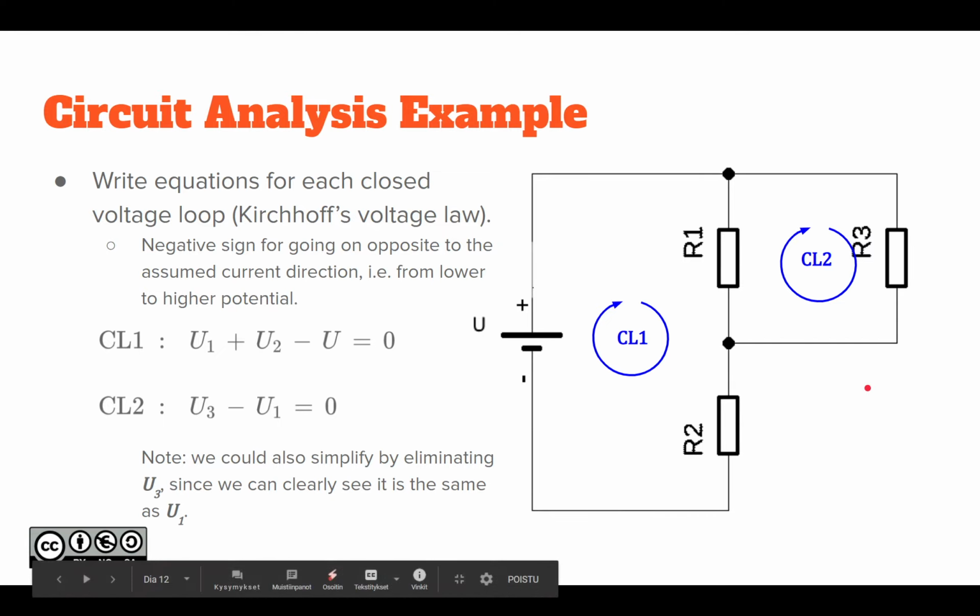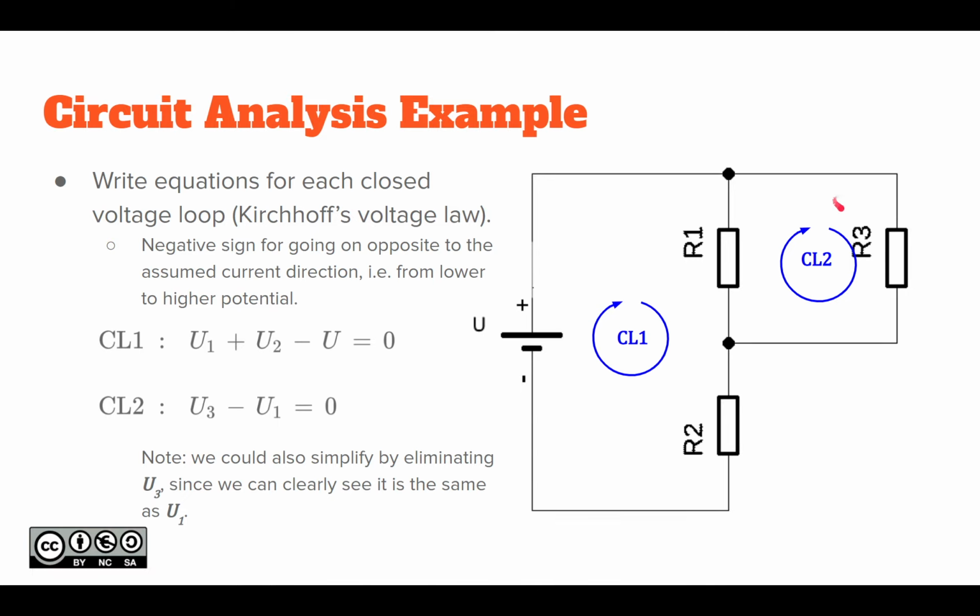Okay, then the other voltage loop, or current loop. So we have R3. The voltage across R3 is U3, and then we had the current flow from up to down through U1. It means that when you are calculating the sum in the loop in the clockwise direction, then you have a negative voltage here.